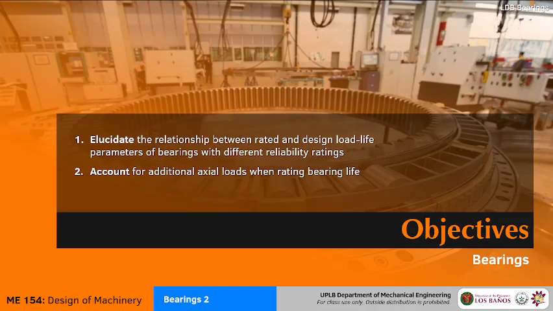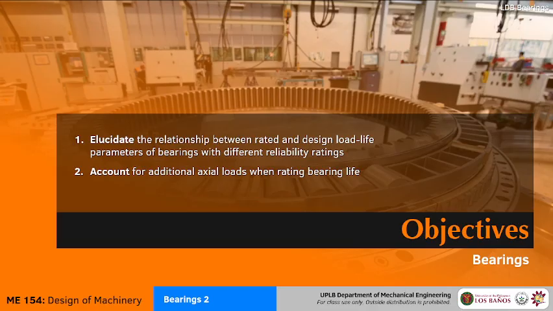And after that, we'll be talking about the accounting of actual loads when we are trying to calculate for the catalog load rating. So in fact, we can actually put in actual loads even though we're technically only considering the radial loads. So we'll talk about that later.